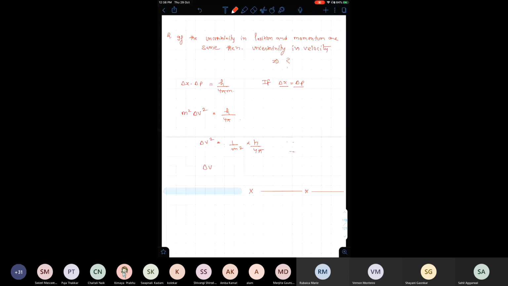The delta v will be the square root of this. That will be 1 upon 2m root of h upon pi. Okay, Asmita. Rebecca, understood now?